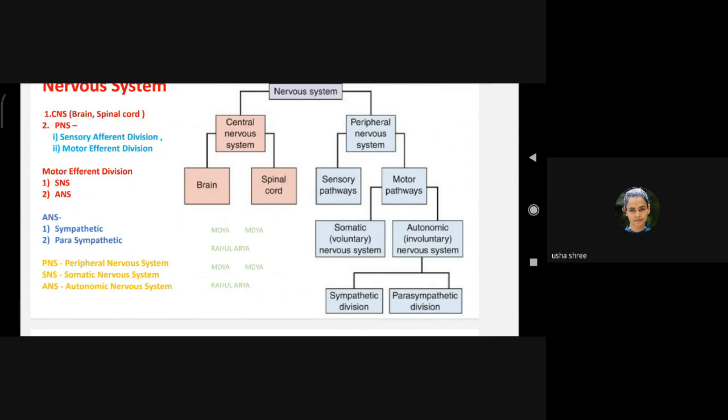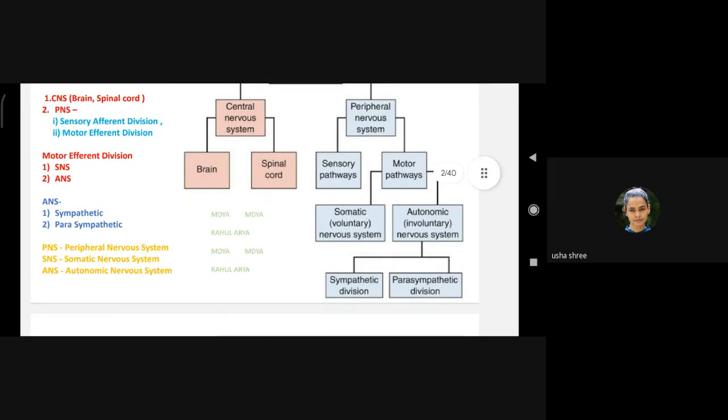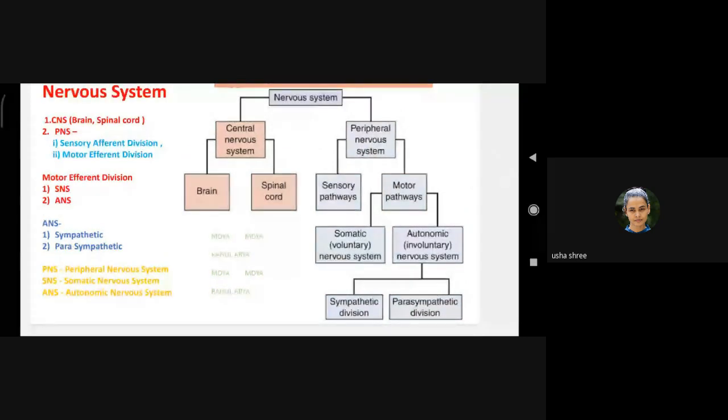That is not in our control, that is involuntary, but it also comes under motor function, because our body is responding to a situation. Suppose you see a snake coming toward you, you will be scared, and your heart will beat faster. So your body is responding to an external stimulus.